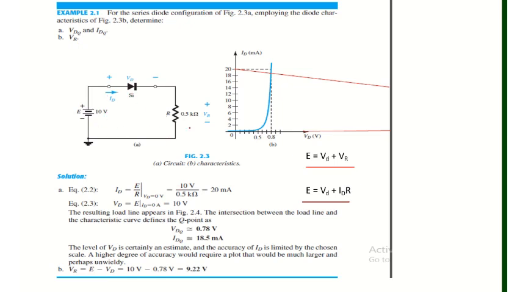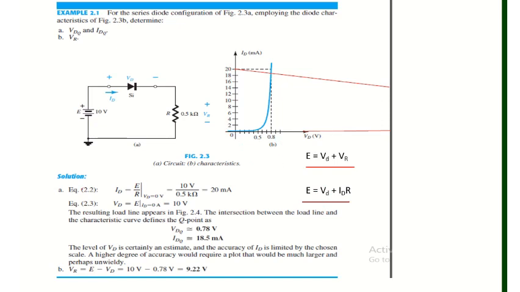From this circuit we can write the equation after applying KVL: E is equal to VD plus VR, and by putting the value of VR, E is equal to VD plus IDR. When VD is 0, we'll get the vertical value, and when ID is equal to 0, we'll get the horizontal value.